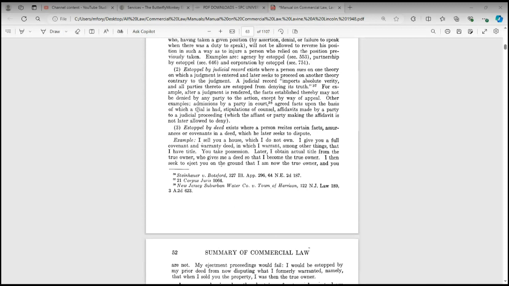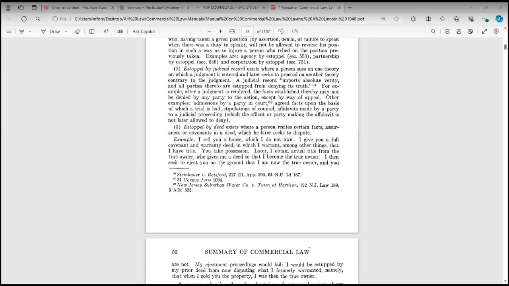Other examples: admissions by a party in court, agreed facts upon the basis of which a trial is had, stipulations of counsel, affidavits made by a party into a judicial proceeding, which the party making the affidavit is not later allowed to deny.